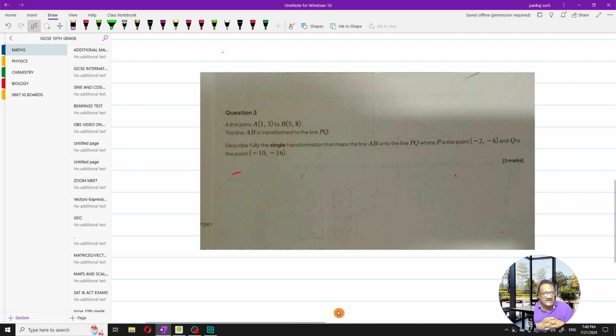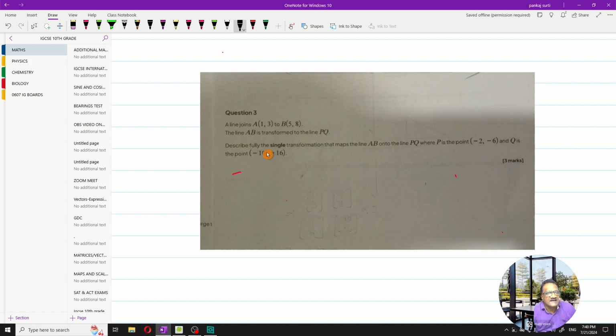Now this question is based on transformations. If you read the question, you'll come to know. The question says that a line joins A (1, 3) and B (5, 8). The line AB is transformed to line PQ.